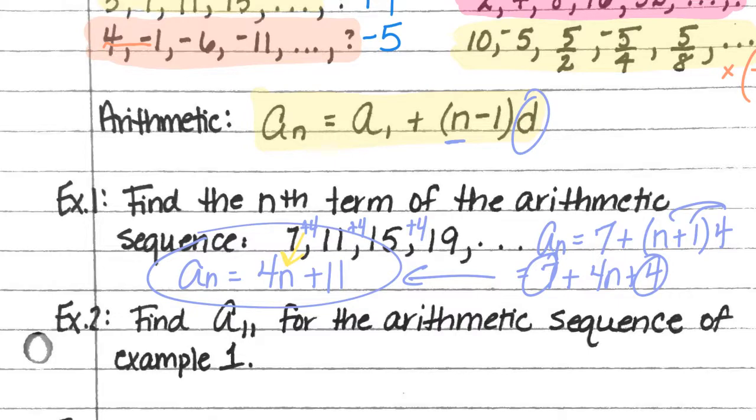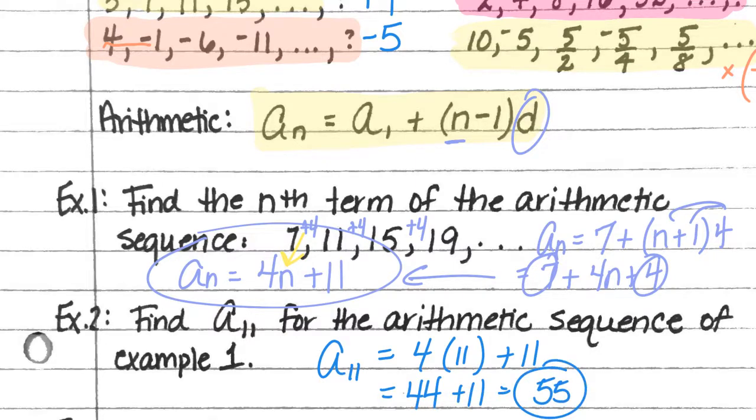Anytime that's down there, going down to the right, that is a subscript. So remember, instead of putting in n, we are going to put in 11. 4 times 11 plus 11. 4 times 11 is 44, plus 11 is 55. So the 11th term of that sequence is 55.